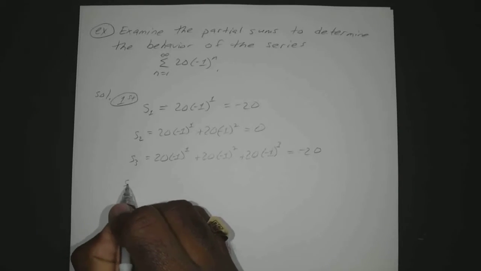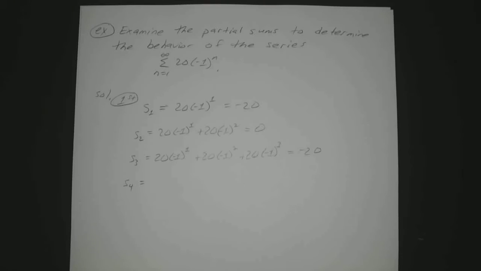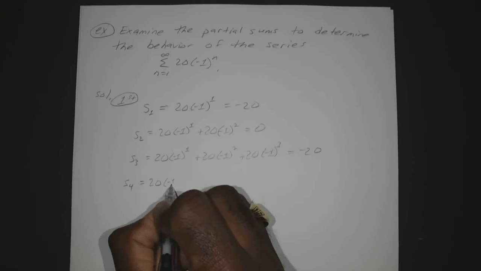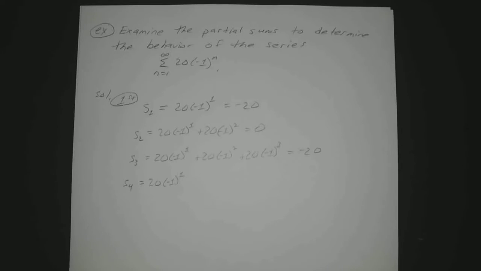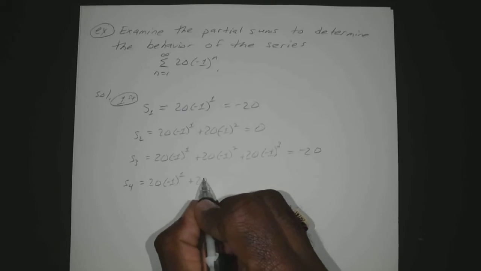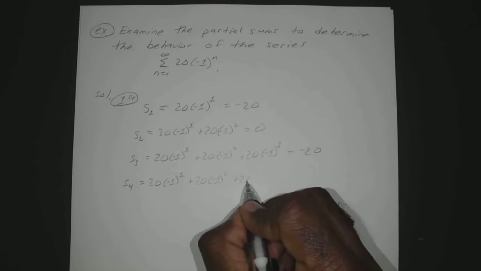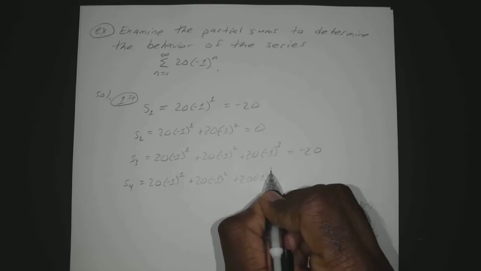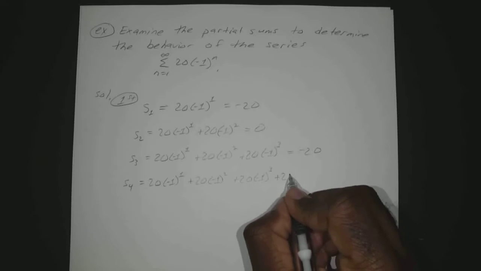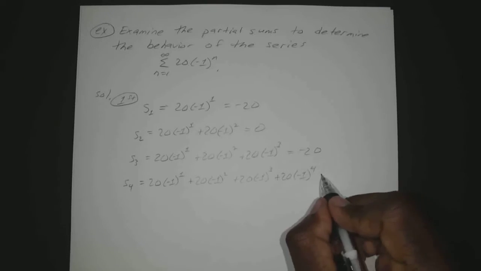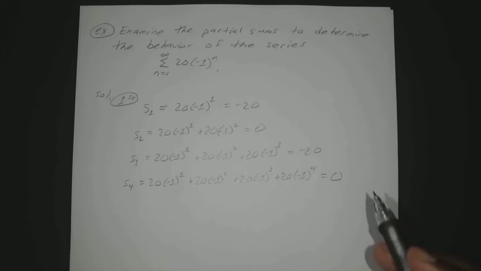Your fourth partial sum, which pretty much you can see the pattern here, but we'll go one more: 20 times negative 1 to the first power plus 20 times negative 1 squared plus 20 times negative 1 to the third power plus 20 times negative 1 to the fourth power, which again is 0.